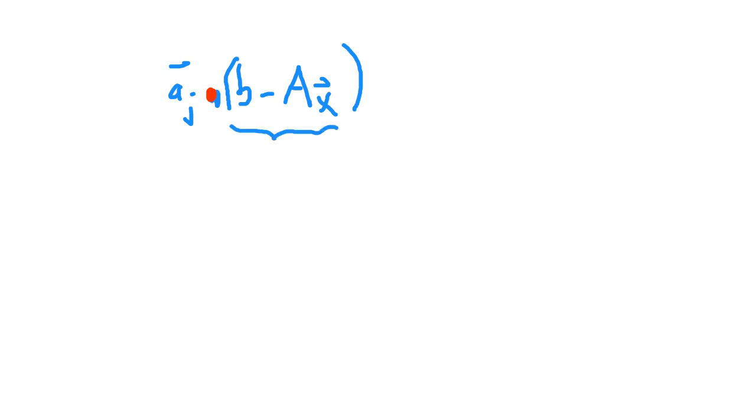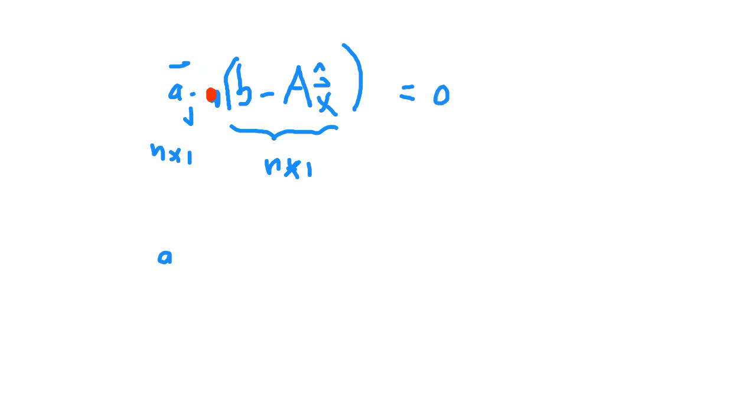If you have the dot product between these two vectors, b minus A x hat is an n by 1 vector, and the vector a sub j is an n by 1 vector. Let's say that equals 0.